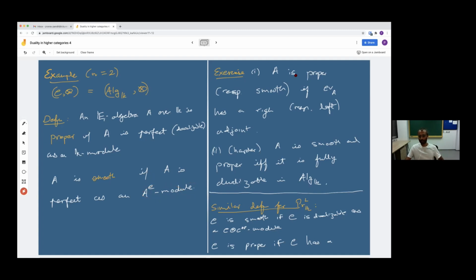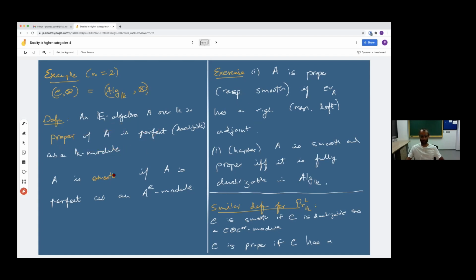So here's an exercise. Show that A is proper, respectively smooth, if the evaluation map that we wrote down earlier has a right, respectively left adjoint. This bit is straightforward. If you figure out correctly what the left and right adjoints of evaluation are, I may have mixed up left and right, so I disown responsibility for that. Evaluation having one of the adjoints says that it's proper.